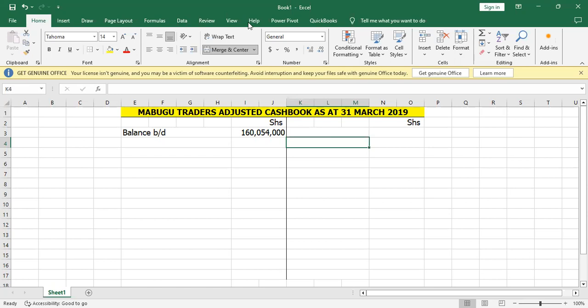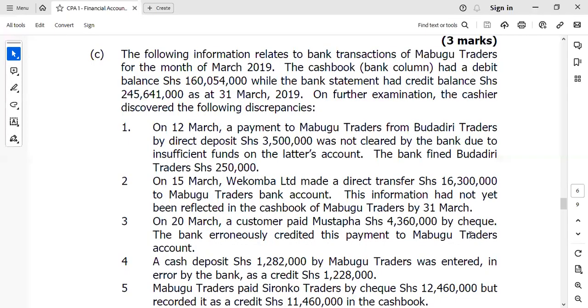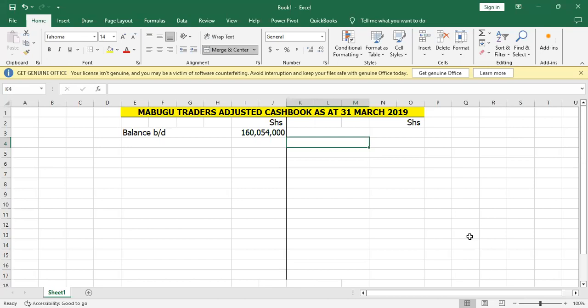Then what you'll have to do, I believe you have been noting down the entries to make. The first transaction, we say that this was a dishonored check. It was a payment to Mabugu. The customer was paying, that is Budadi Traders. It was by direct deposit. But unfortunately, this was dishonored. So we say that we have to credit our adjusted cash book by that amount of 3.5.